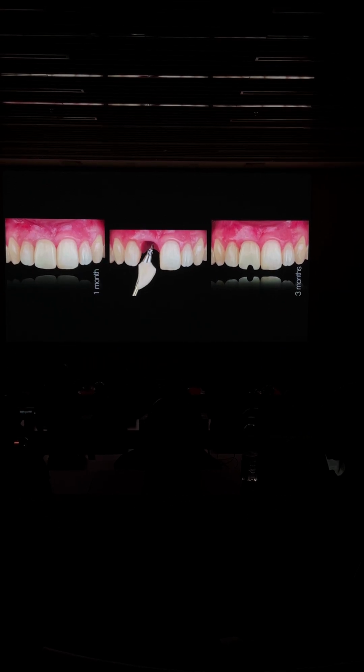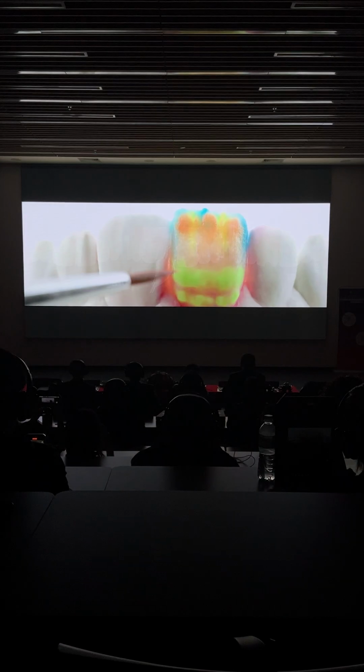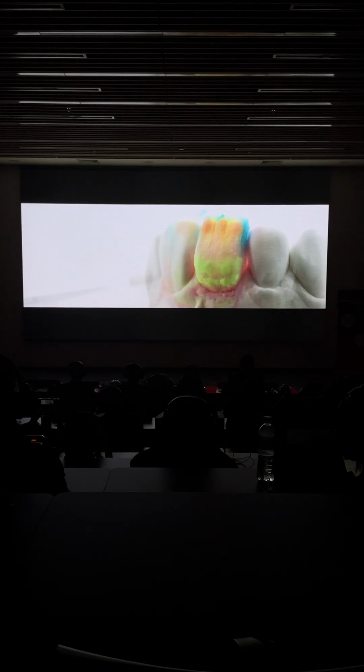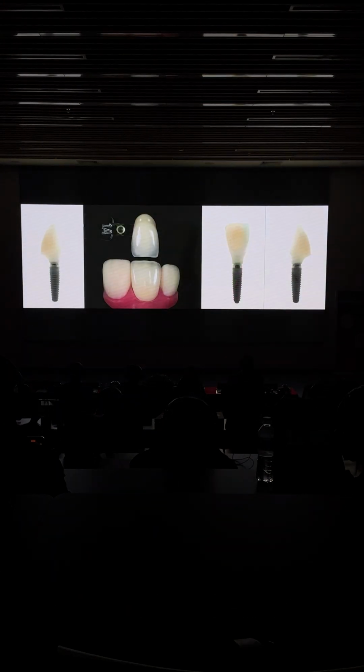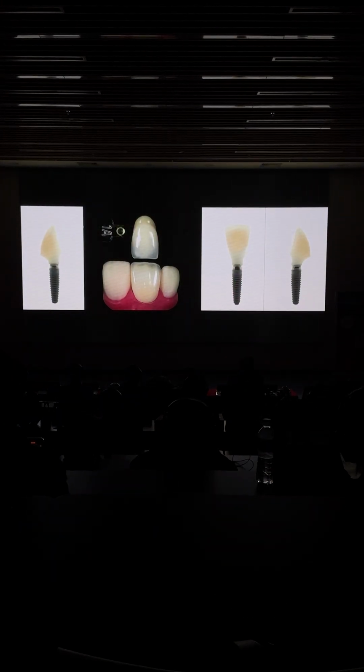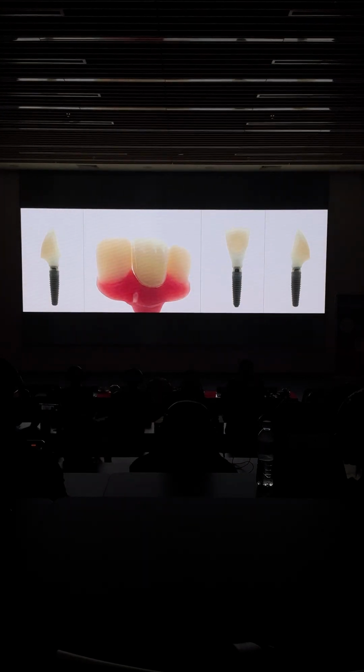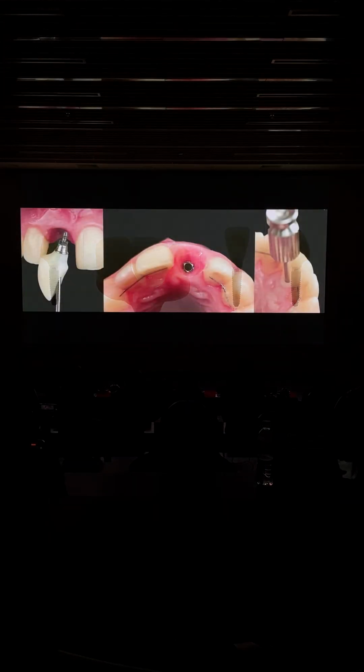abutment. This is 1 month, and this is 3 months later. You can see how the tissue is maturing, is growing, it's stabilized. You can see the long papillas, level papillas all around, and then we finish the case. So you can see that you don't need to place as much tissue buccal as you might think.